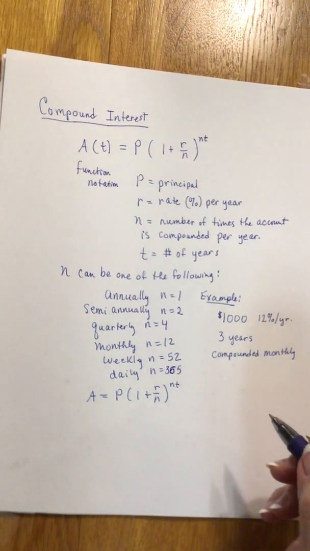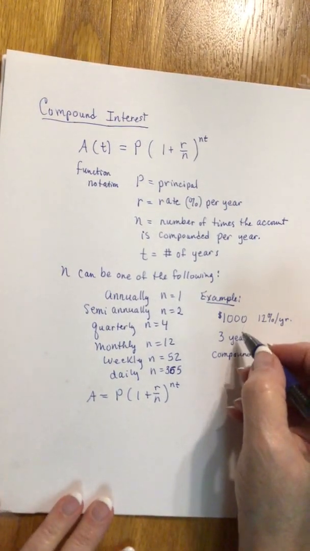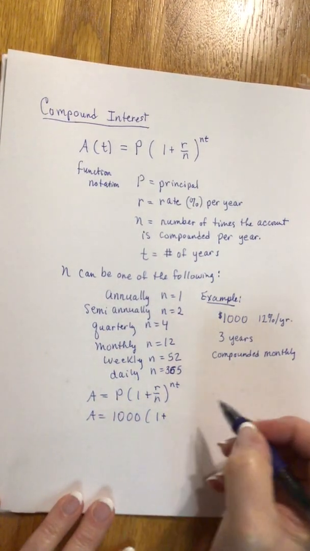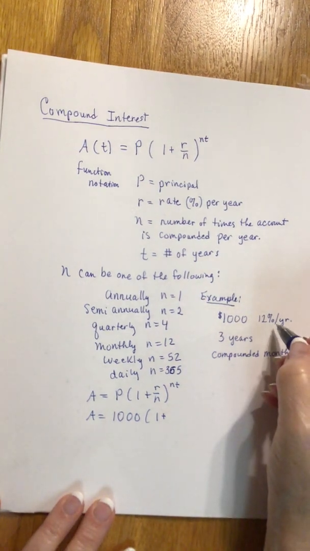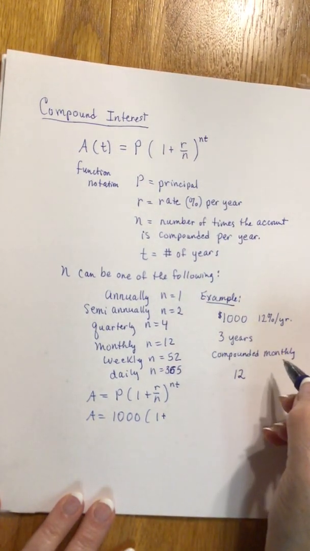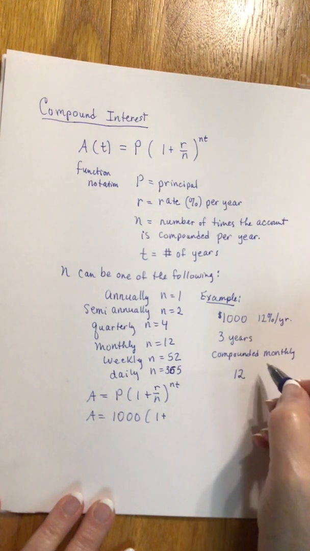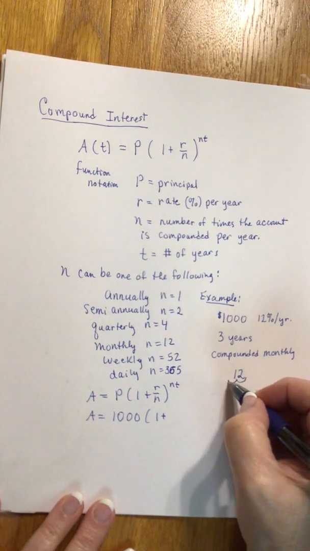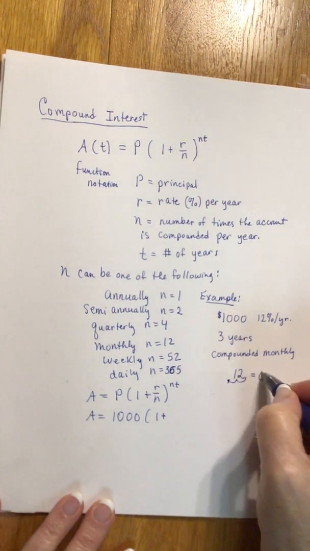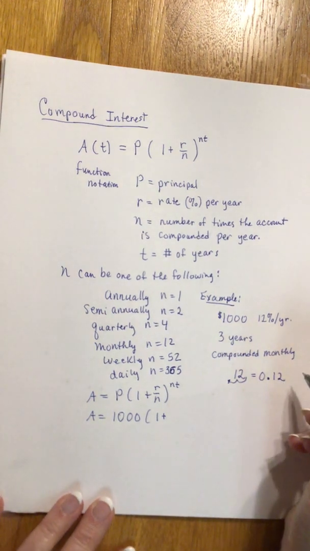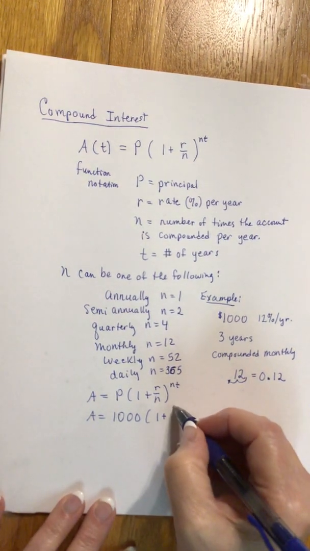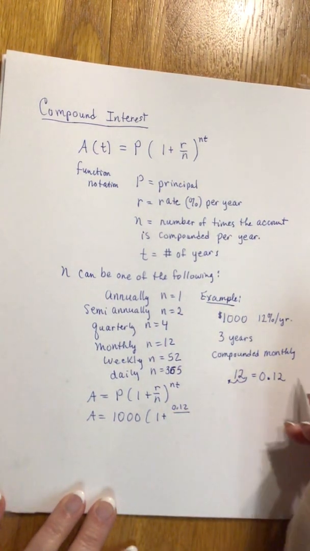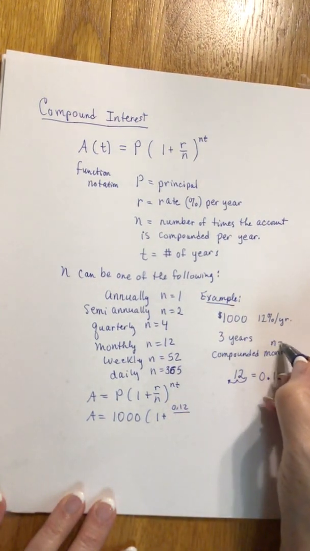So our P is our principal, the amount of money we're putting into the account. So we have A equals 1,000 times (1 plus. Now r is our 12%, but we can't put a percent into the equation, so we're going to have to change it to a decimal. Percent means per 100, so we divide by 100, which moves the decimal 2 places to the left, and we get 0.12. n is the number of times monthly, 12 months in a year, so n equals 12.